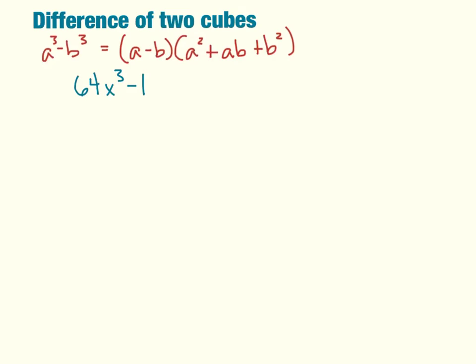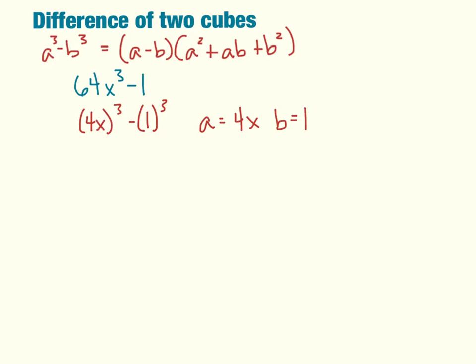And I check my list. Are both of these perfect cubes? Yes, they are. So I need to identify a and b. 4x, so this is the same thing as 4x cubed minus 1 cubed. So a equals 4x and b equals 1.